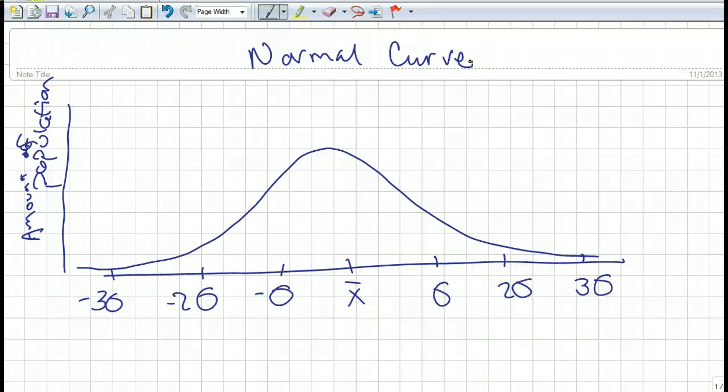Now, one thing I have to tell you is that what we just measured was how many standard deviations we are away from the mean. So, back to the other one, it said Nancy scored 87 on the math quiz and the mean was 70.